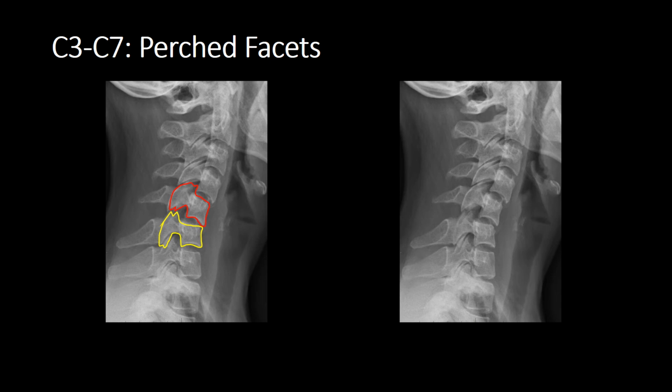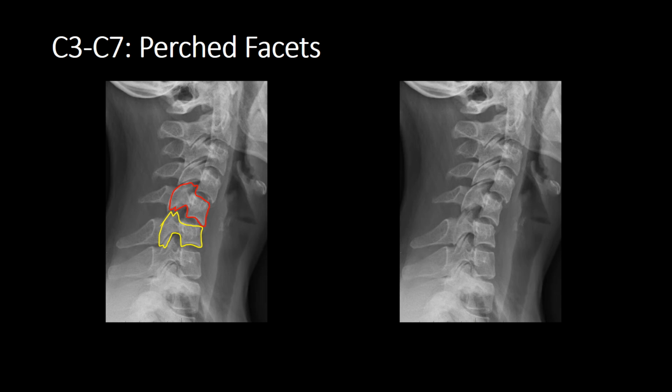So let's assess for alignment. We come down the anterior cortex of the odontoid peg and C2, C3, C4. Now there's an apparent, very slight spondylolisthesis of C4 onto C5. But if you look posteriorly, the facets aren't quite superimposed, so there's a degree of rotation.